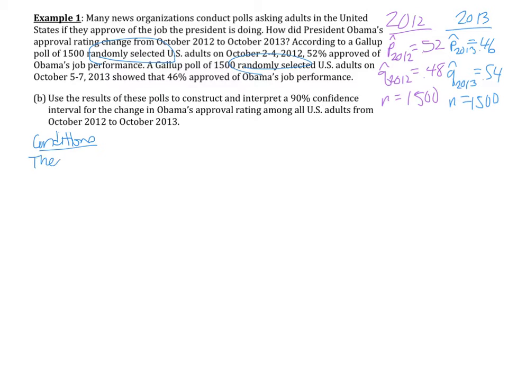So I'm going to say these are random samples. The second thing is that both of the samples are less than 10%. There's a lot of adults in the US, so we can definitely say that 1,500 is less than 10% of all US adults in both years.